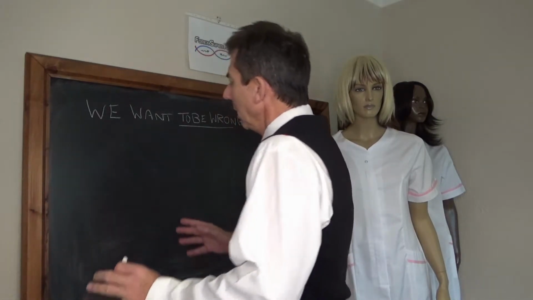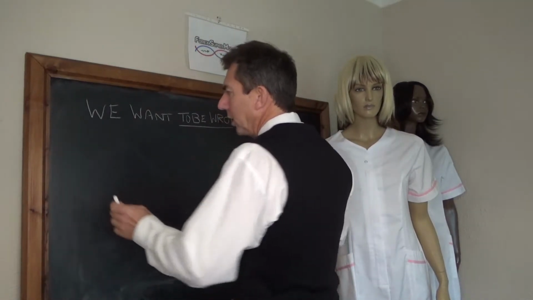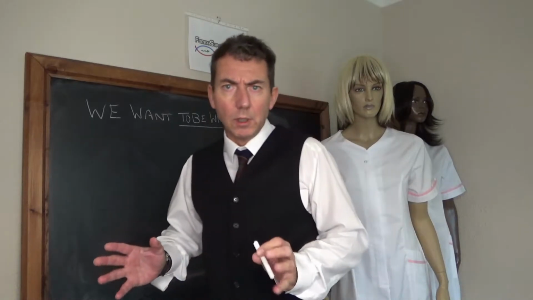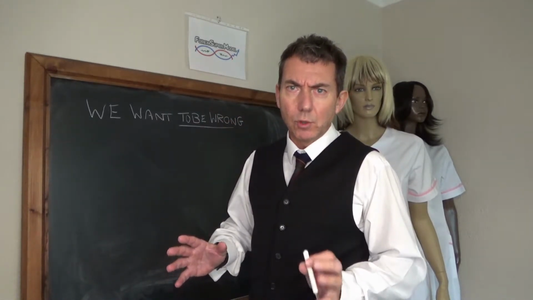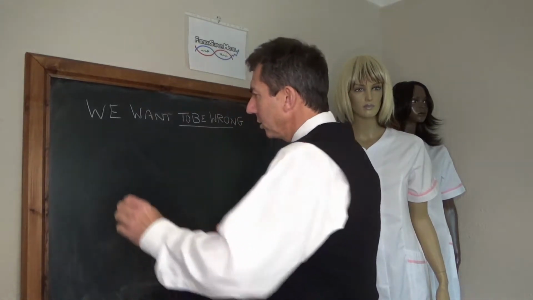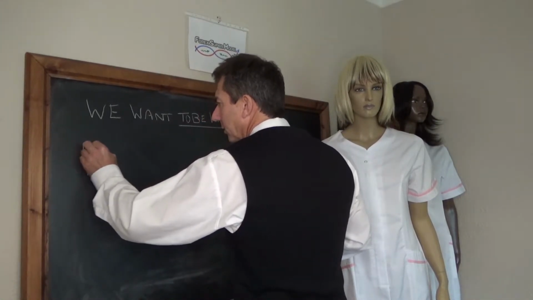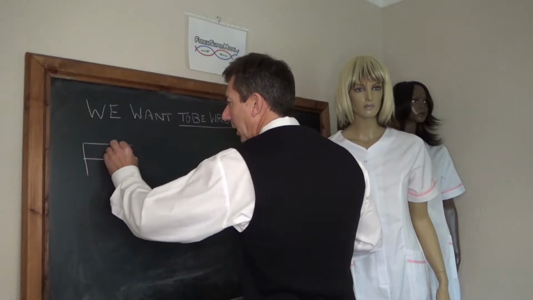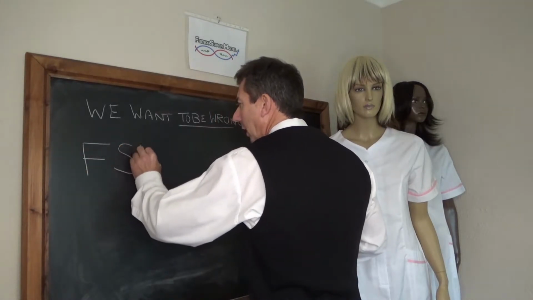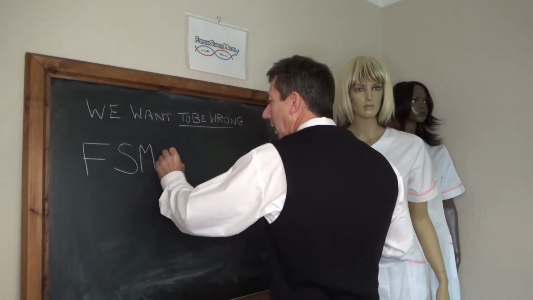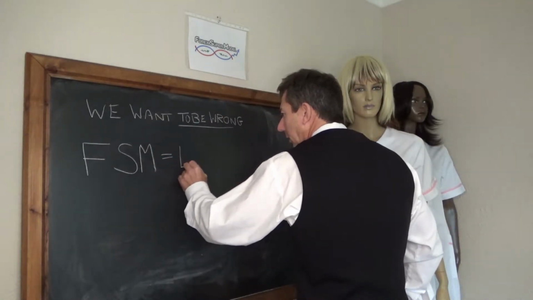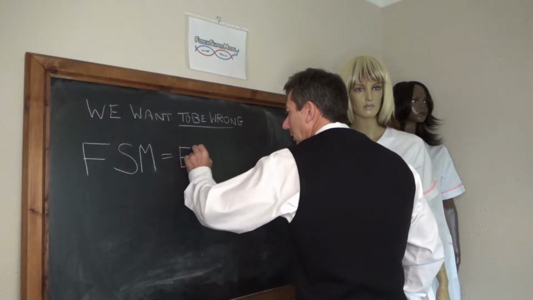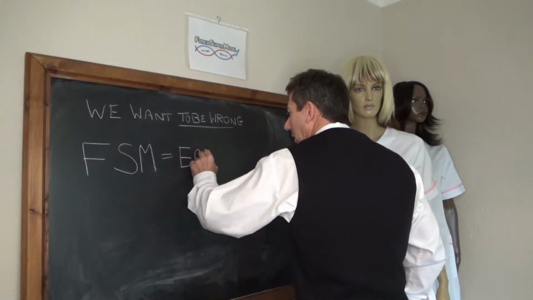Now, the Forex Super Model can be summed up in one word. Well, it can be summed up in a lot of words, and you can probably think of some rude ones as well. But let's assume that the Forex Super Model, FSM, if I had to sum it up, I would sum it up with the word early.